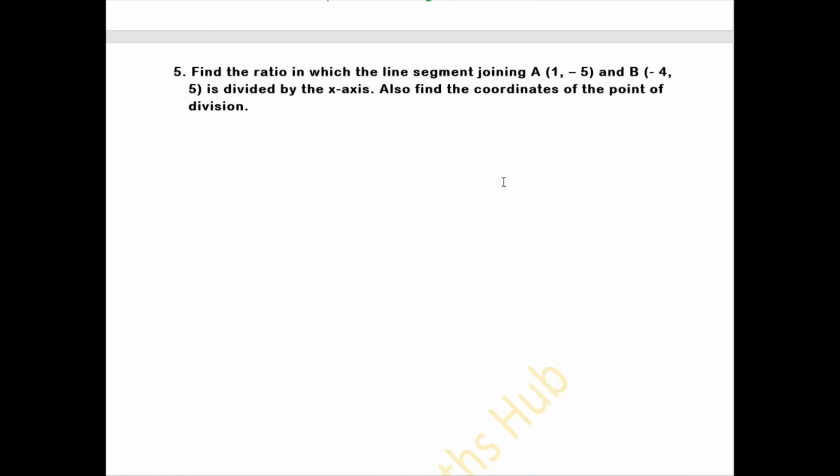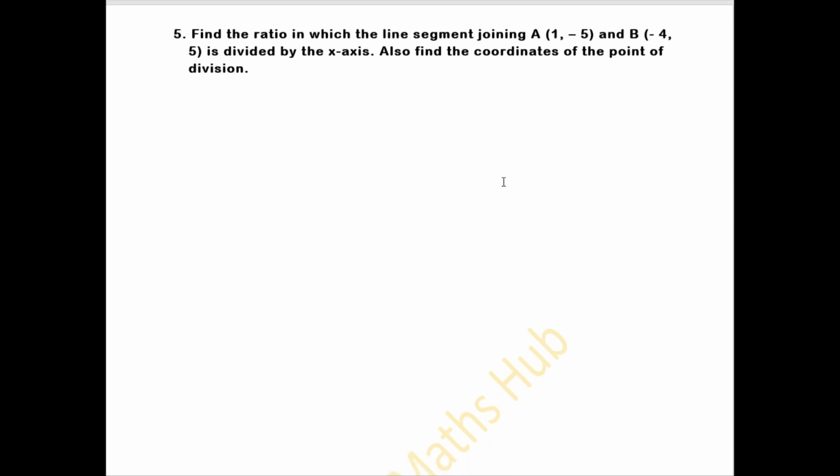Now moving to question number 5 of exercise 7.2. Find the ratio in which the line segment joining A of (-1, -5) and B of (-4, 5) is divided by the x-axis, and also find the coordinates of the point of division.